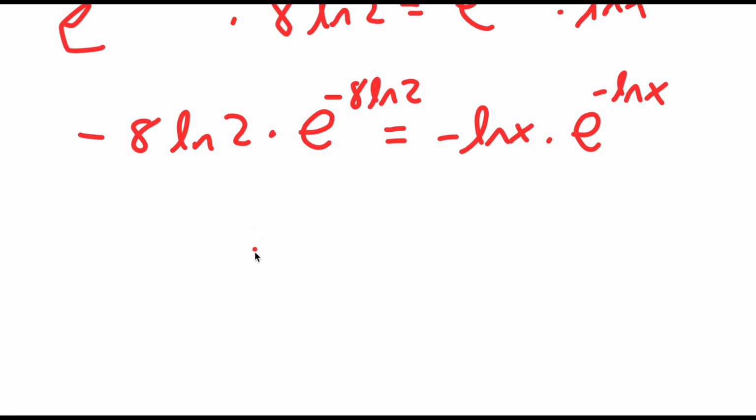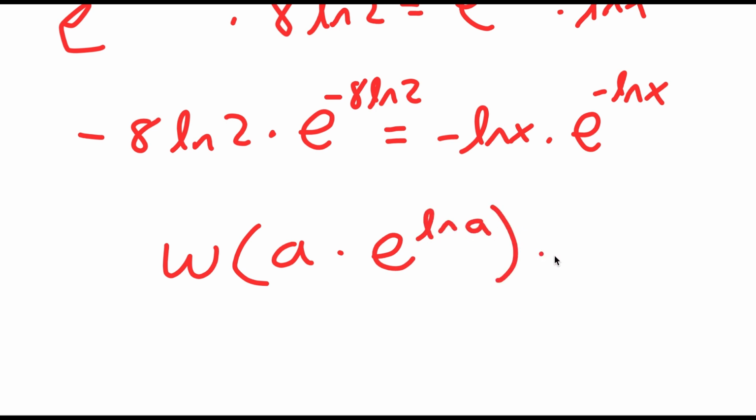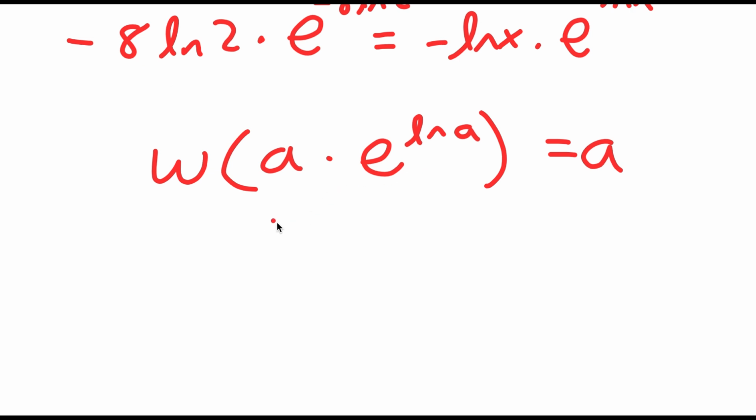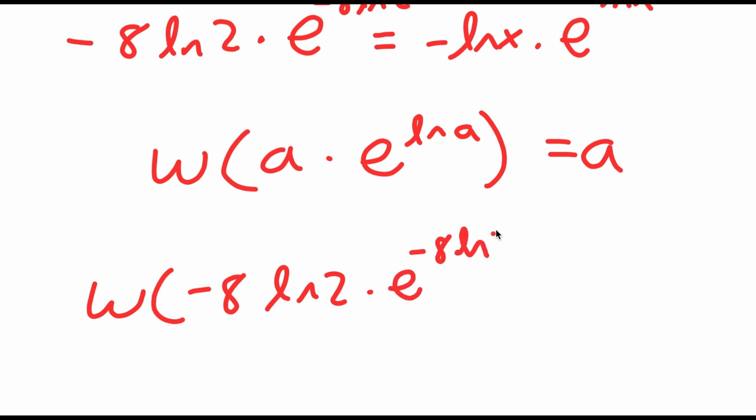And now I'm going to use something known as the Lambert W function. And what it states is that if I take the W of something in the form a times e to the power of a, this is simply equal to a. So in this case, I'm going to take the W on both sides. So I get W of negative 8 times ln 2 times e to the power of negative 8 times ln 2.